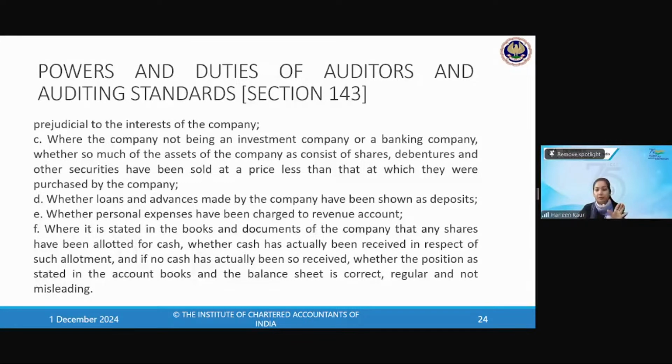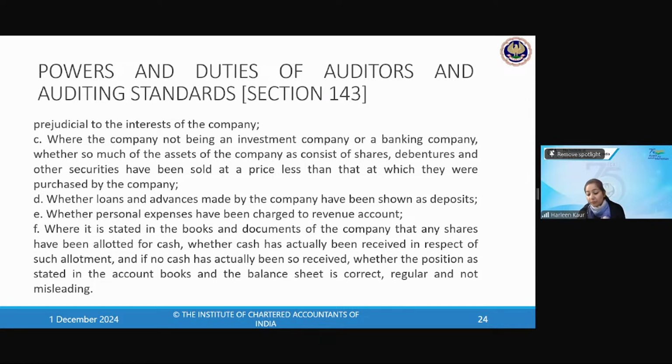This rule is not applicable to investment and banking companies, because selling such securities is their routine task, so this clause is not applicable to them. But for any other company, if the assets you're having, like shares, debentures, and securities, are sold at less than the purchase price, then why have you done this? Then an inquiry can be set up as to why you have sold it at less than the cost price.